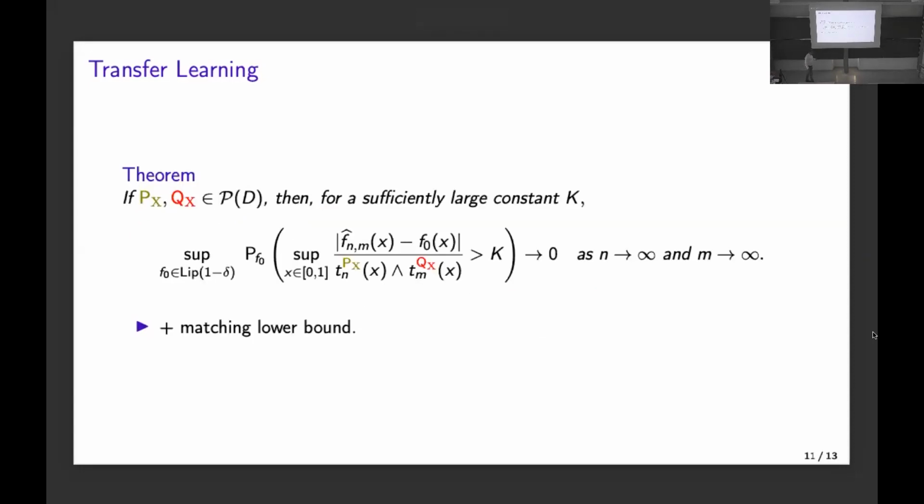And based on our main result, we can prove that this time it's not uniform over the doubling distributions, but we prove another minimax result, and we show that the minimax rate for this problem is the minimum between the 2 spread functions, and the estimator we have is minimax optimal. So it's a very simple estimator that is minimax optimal and that can be used for transfer learning in our setting. That was the goal of this introduction.